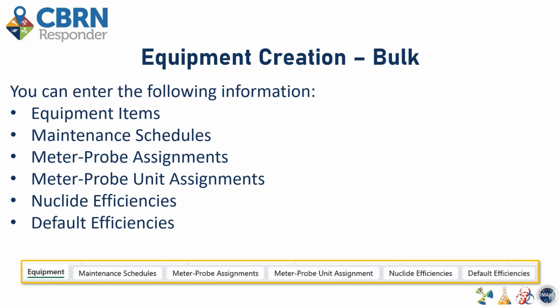You'll also see tabs for maintenance schedules. So if you want to associate a maintenance schedule with your equipment item, you'll see two tabs for meter probe assignments and meter probe unit assignments. And then nuclide and default efficiencies, you'll see tabs for both of those as well.